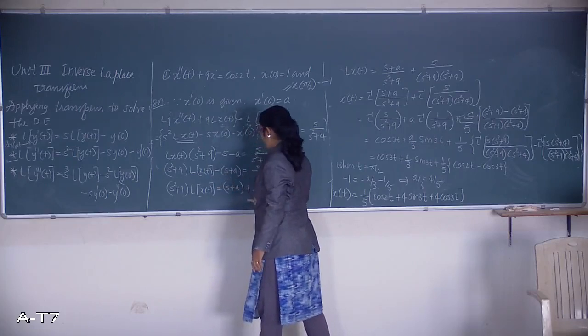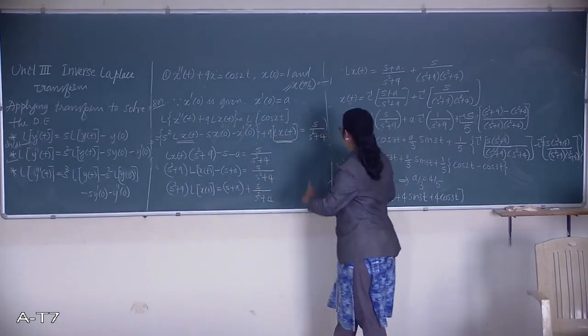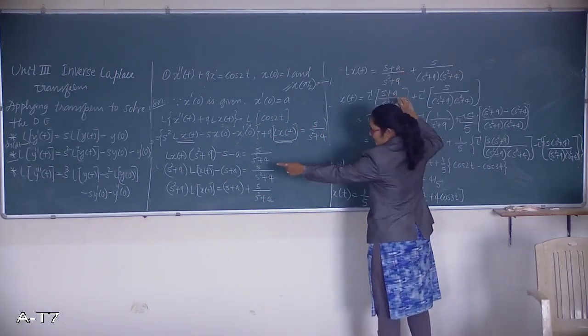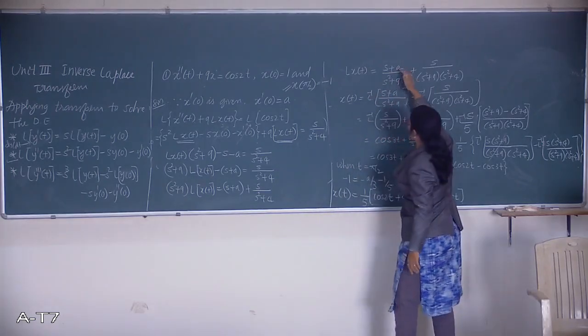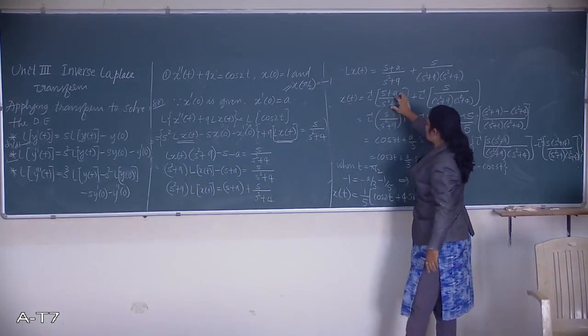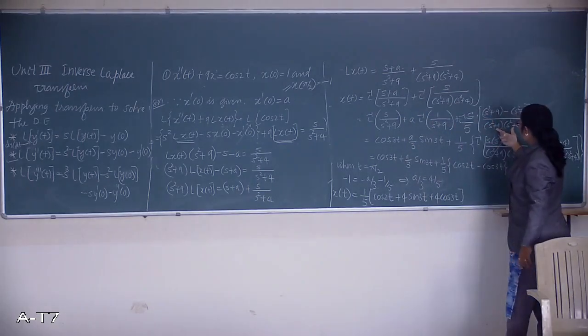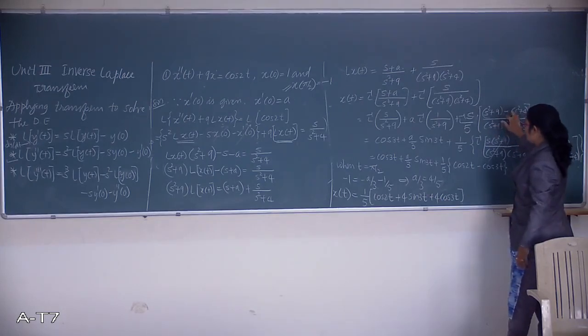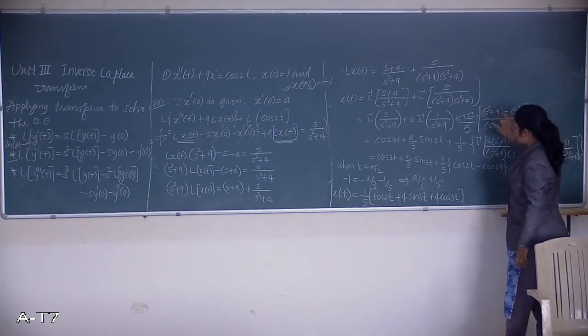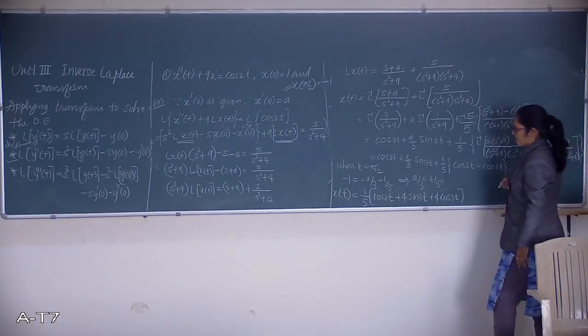On the RHS, if you simplify, this is the answer. Then L of x of t, that s square plus 9, we have taken here in denominator, then here divided separately. By making use of the denominator available, by subtracting, we can find the inverse easily, but the compensating term has to be balanced here by dividing it by 5.